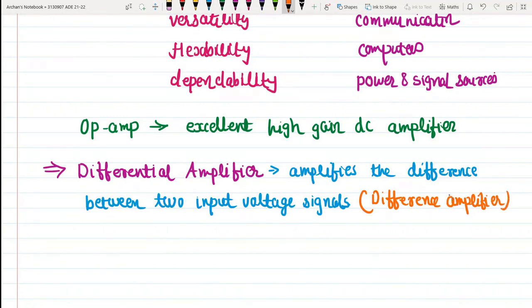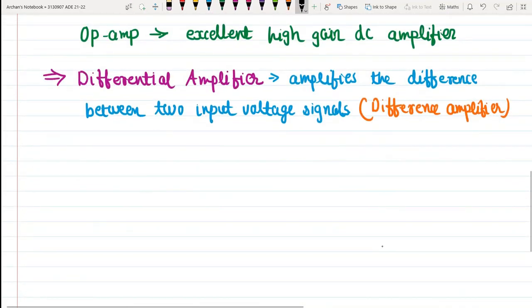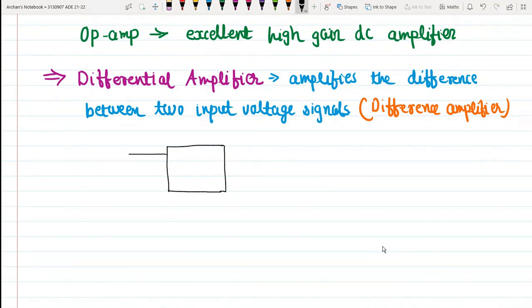Okay, so let us start with the basic, or you can say ideal, differential amplifier. We'll start with the block diagram of this ideal differential amplifier, then we'll move on to the actual circuit. What do you mean by ideal circuit? Whenever we talk about the ideal differential amplifier, that means whatever ideal parameters are there, we will be considering. The differential amplifier will have two inputs and a single output like this.